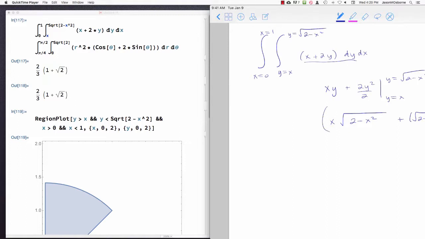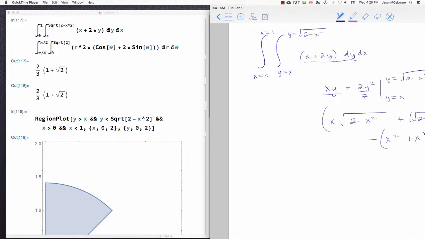And then when you subtract the bottom limit, y is equal to x, you get minus x squared, minus, put in the x into y, you get x squared plus x squared.